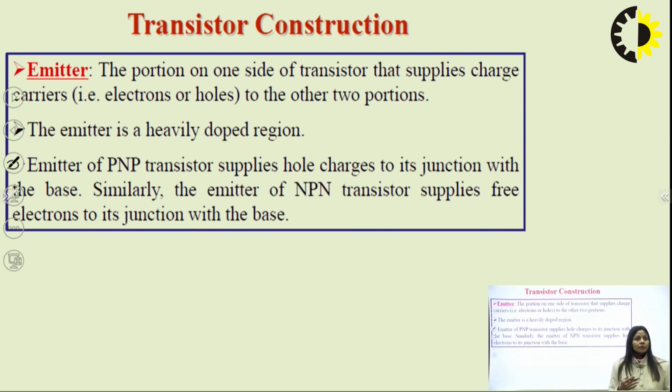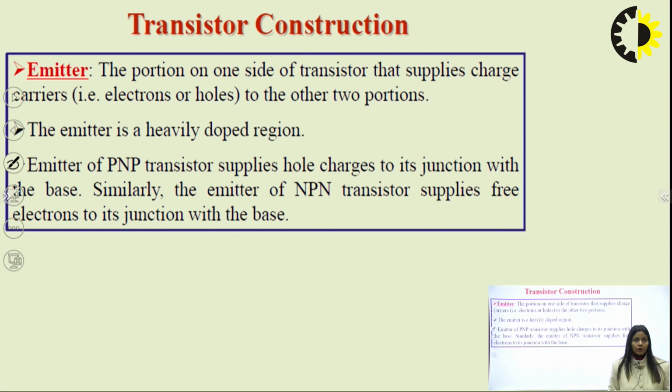Since this emitter needs to be heavily doped, and its width is larger than the other 2 regions, the base region and the collector region, the emitter is a heavily doped region.